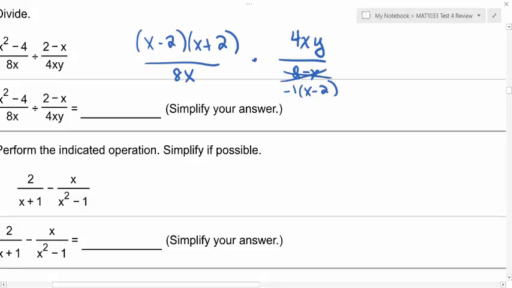Good. And then the x minus 2 and x minus 2 cancel out. Good. So then you have the 4xy. Can I go ahead and cancel out the 4 and the 8 too, right? And break that down before. Okay.